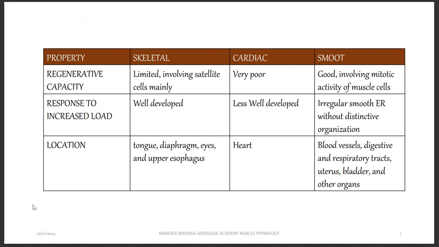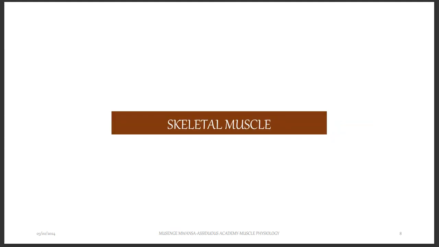Response to load: skeletal muscles respond well to load, cardiac muscles less, smooth muscles almost do not respond to load. Examples for skeletal, we have got diaphragm, almost all the muscles in the body that you know. Cardiac is just the heart, smooth muscles, the blood vessels, the GIT, the bladder, and other organs.